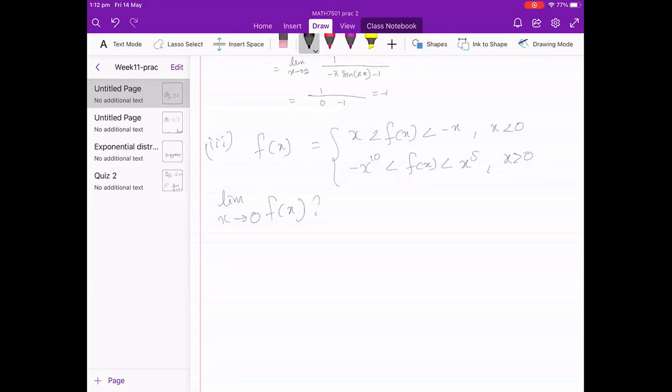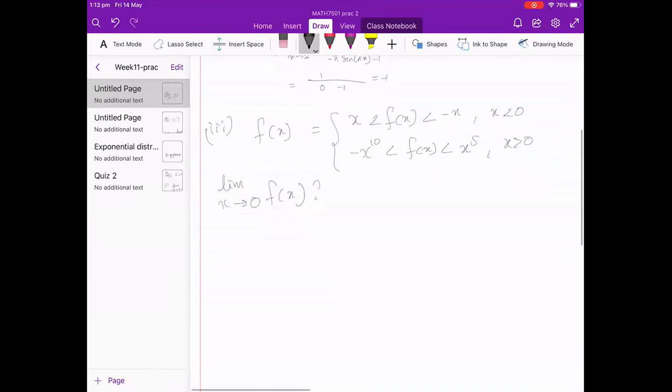Squeeze theorem. Thank you. So you could say that if x is less than 0, you have the limit as x tends to 0 of x. What is this?